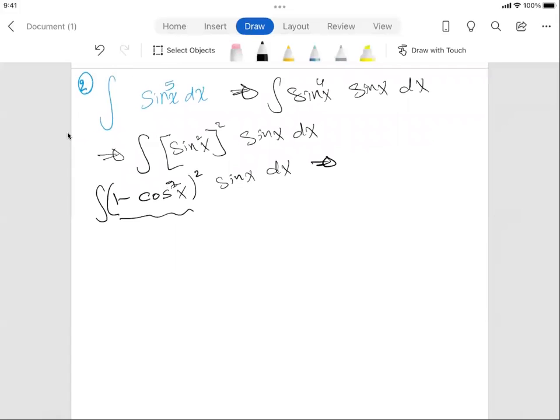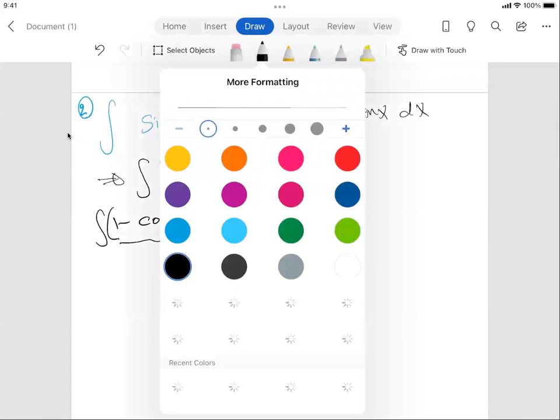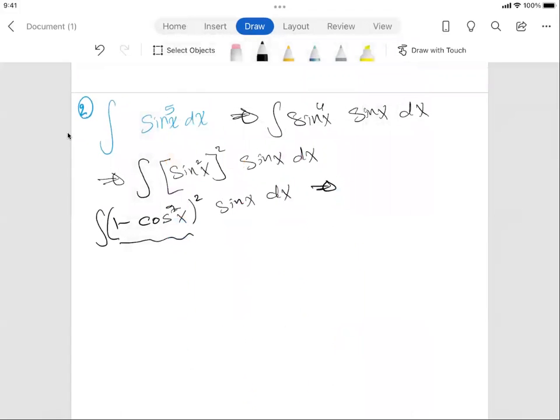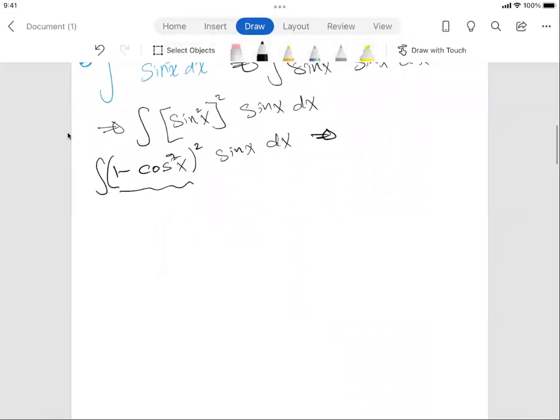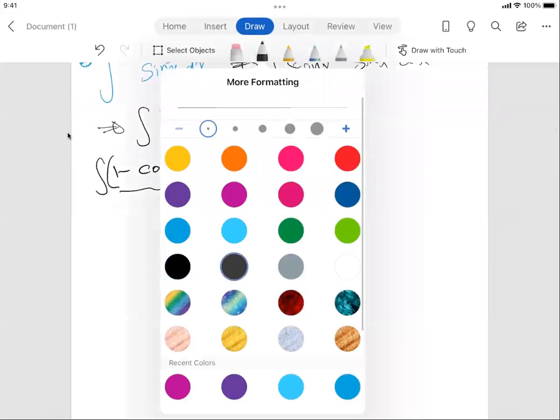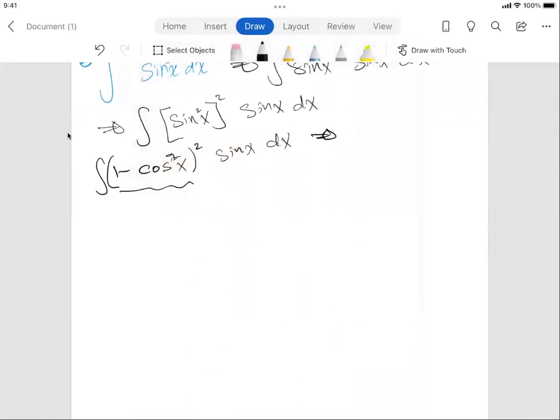It will become the integral of 1 minus 2 cosine squared of x plus cosine to the fourth x, times sine of x dx.